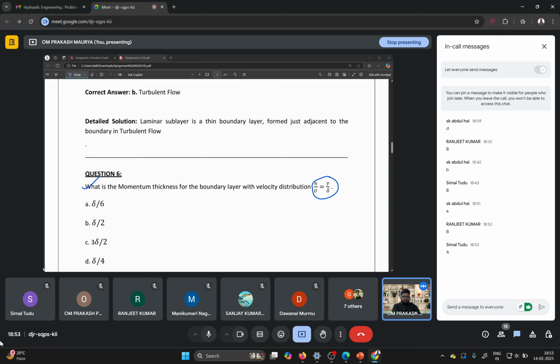Okay, Simal is telling option A, Ranjit is telling option B. Okay, Anurag is telling option A. I'll wait 1 minute more in case another student will give the answer. After that, I'll discuss.